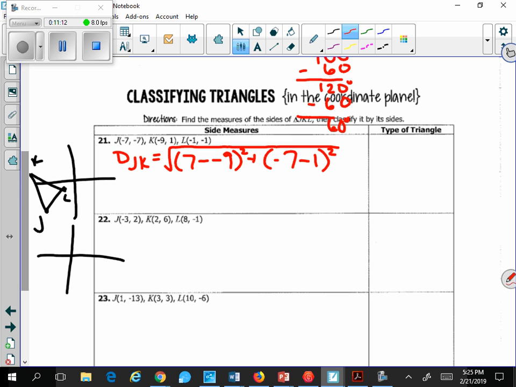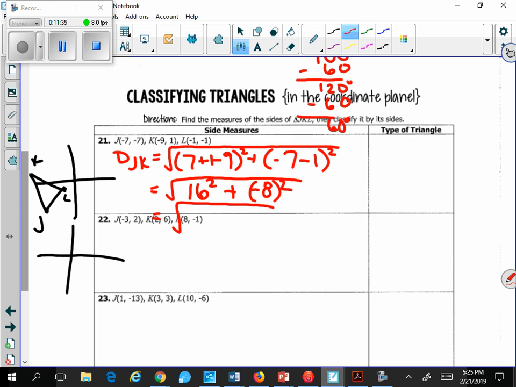Add those two together and then throw it under a radical, and that's it. So then you're going to go through and do that math out. Remember, this turns into addition. So that will be 16 squared plus, this is going to be -7 minus 1, -8 squared. And then you're going to do that math out.